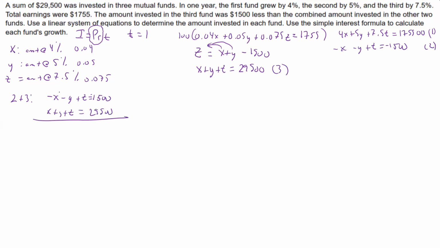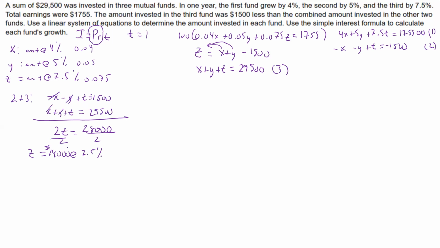Add those together and I get 2z equals 28,000. If I divide that by 2, z is going to be 14,000, and that's at the 7.5%. So that's how much was invested for z.